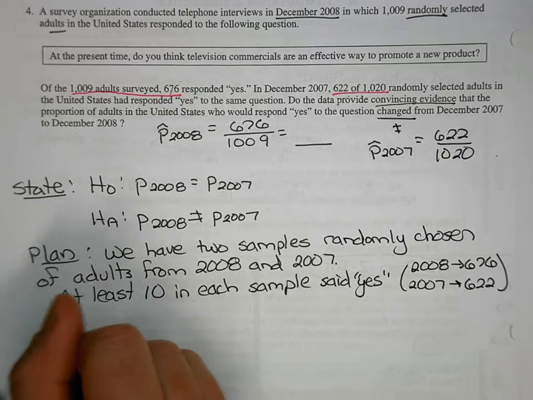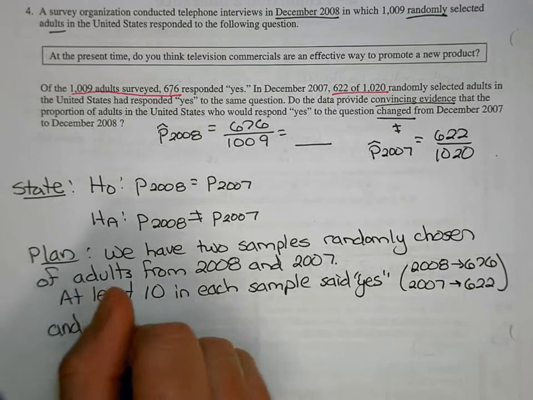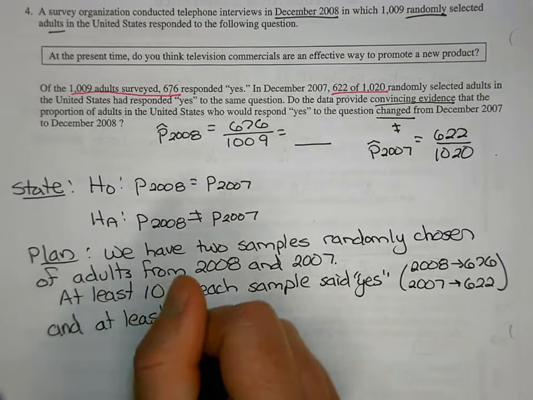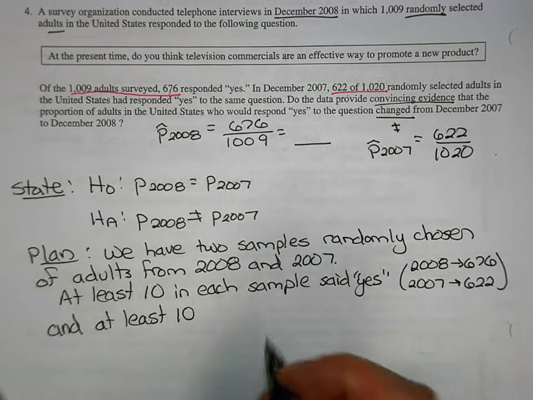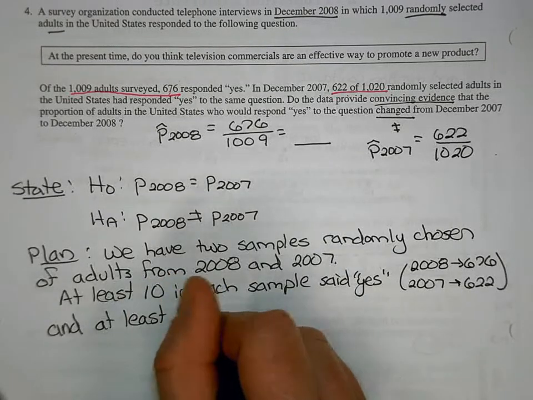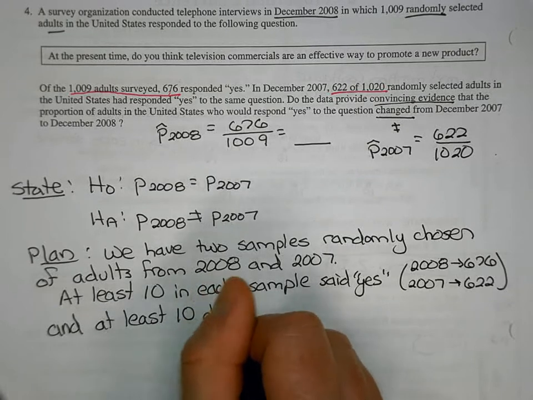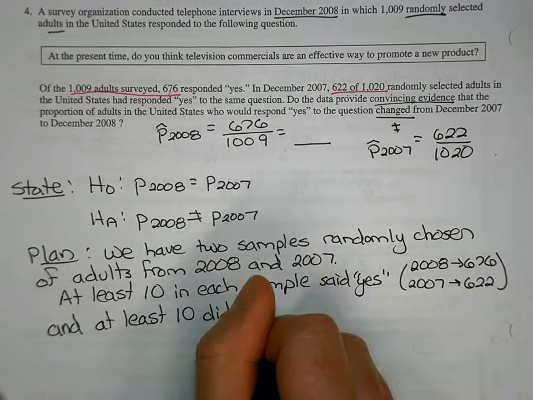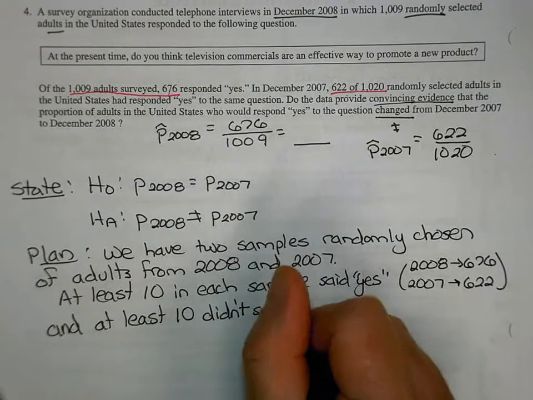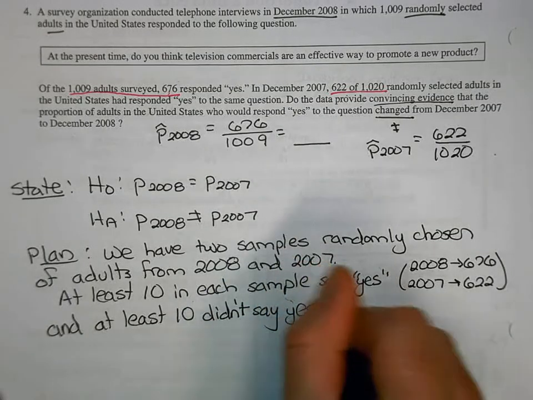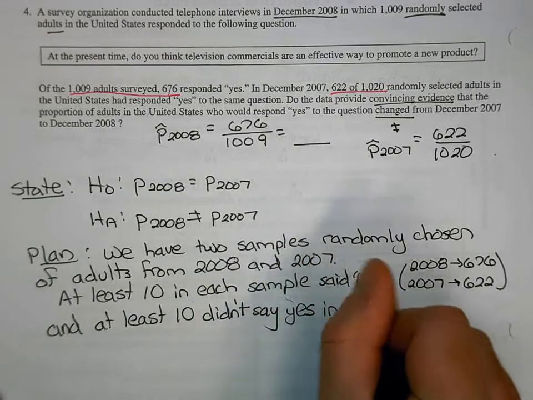And at least 10, they never said they responded no. So we'll just say at least 10 didn't say yes in each sample.